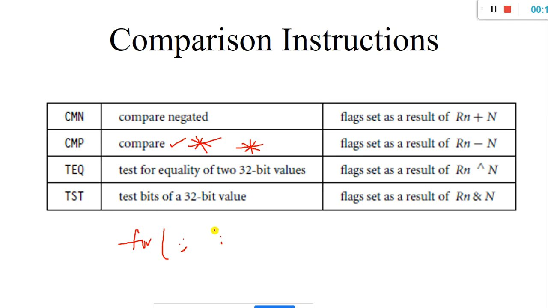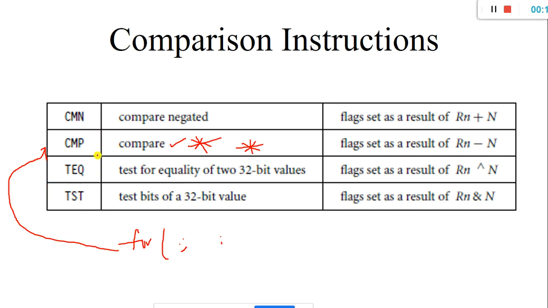This is how the for loop works. Now if I want to check whether that particular loop has been completed or not, the equivalent instruction in assembly level language is compare.